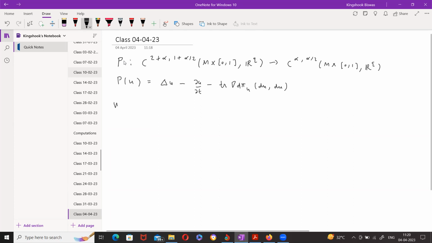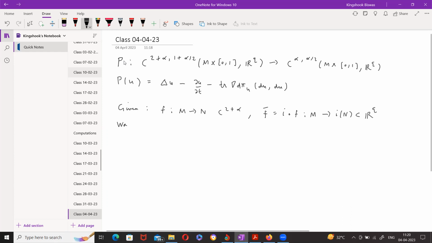So you're given an initial data f from M to N in C2 plus alpha, and you look at f bar, which is I composed with f from M to I of N sitting inside RQ.